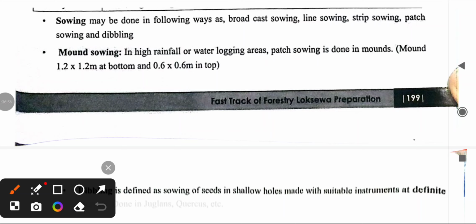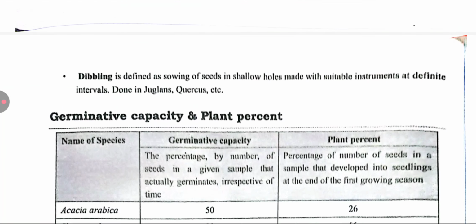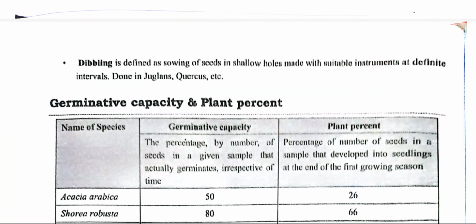Sowing may be done in the following ways: broadcasting, line sowing, strip, patch sowing and dribbling. Mound sowing is done in high rainfall or waterlogged areas. Patch sowing is done in mounds 1.2 by 1.2 meter at the bottom and 0.6 by 0.6 at the top.